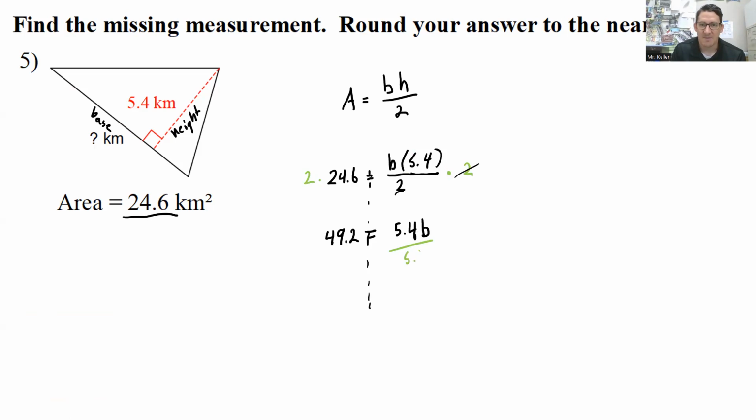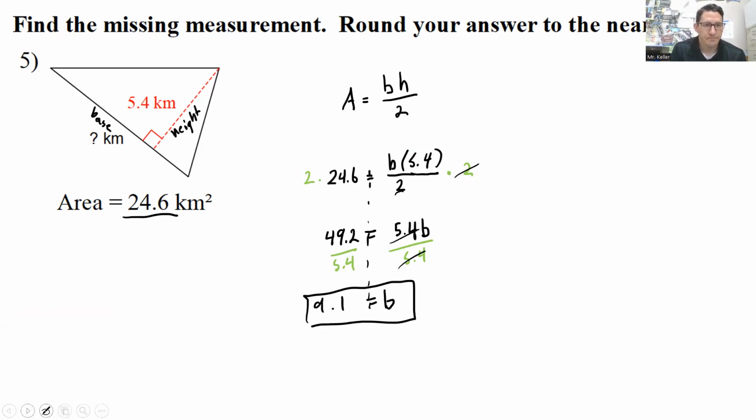And then I divide both sides by 5.4 to finish solving. So that one I struggle to do in my head, so I'm going to use a calculator to do that one. That's 9.1111111. So we're just going to round it to 9.1 is equal to the base.